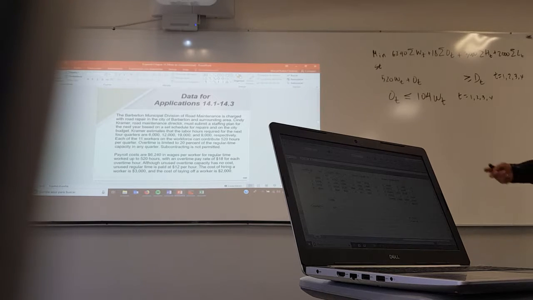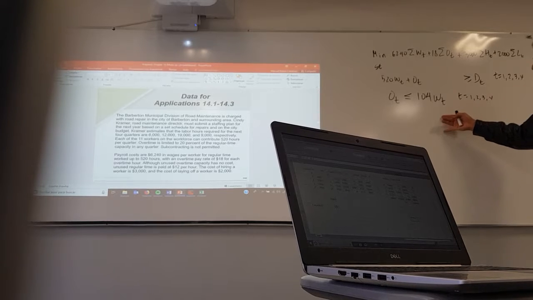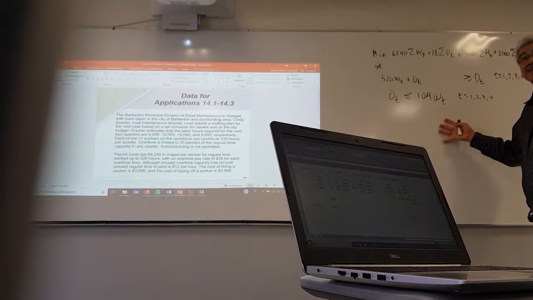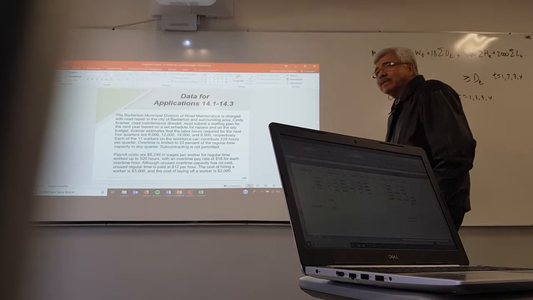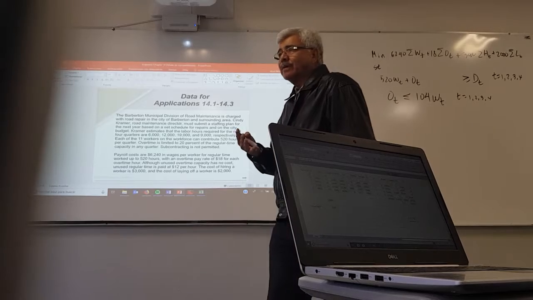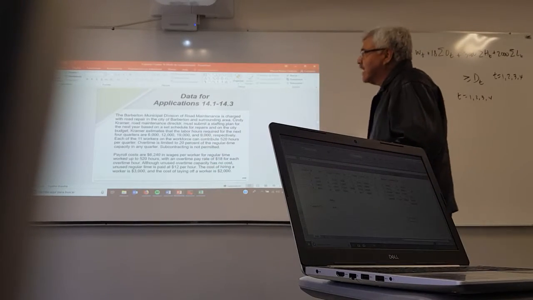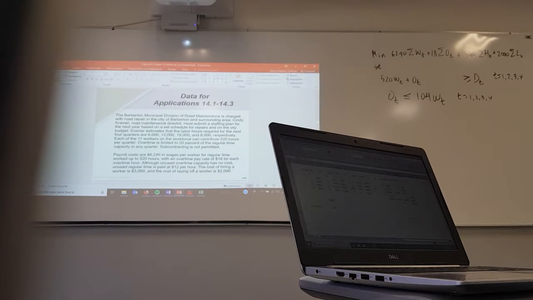You can see here that H and L are not here. So are they free variables? No, we know that H and L depend on the number of workers. I can write something like this here.